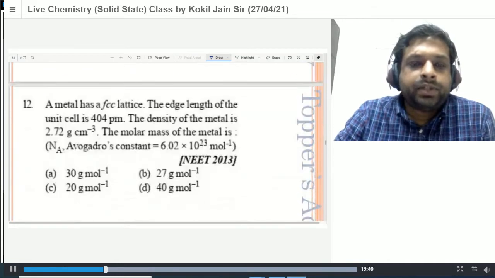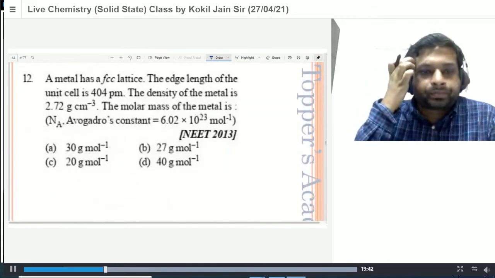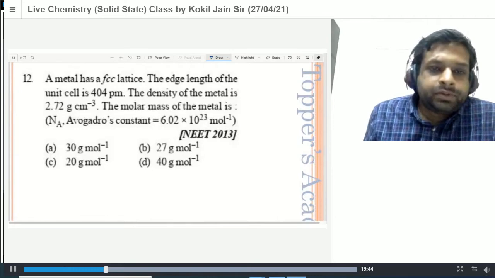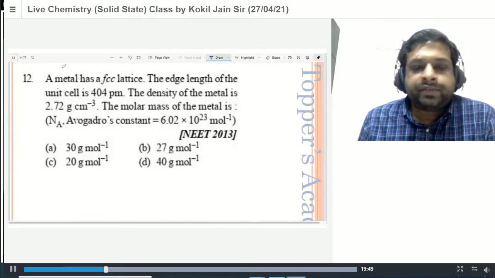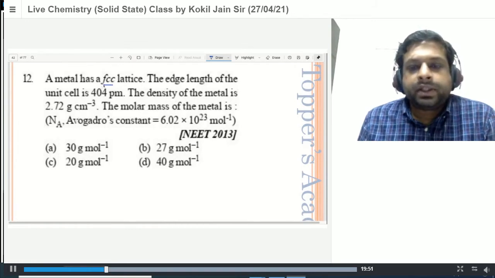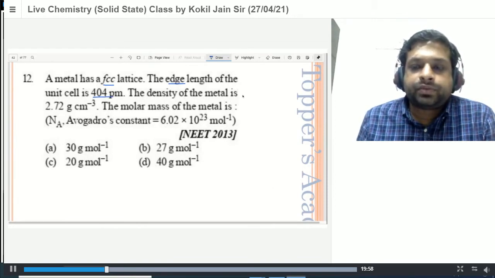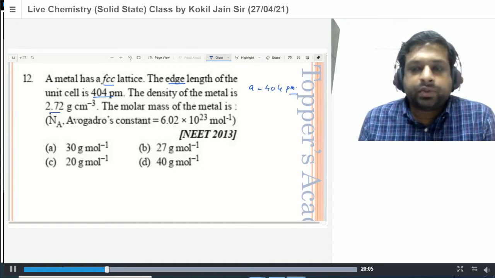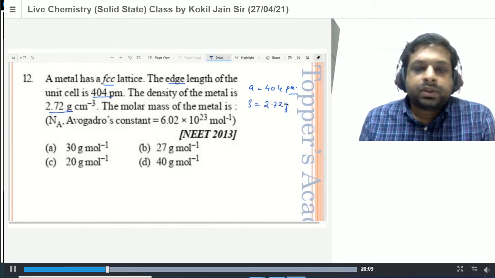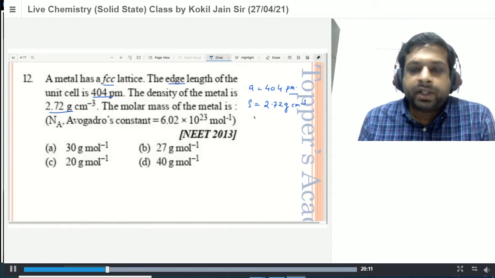Now try to solve this question on a face-centered cubic crystal. The metal has an FCC type of lattice, so we have the value of N as 4 here. We have also got the density of the metal, rho, given as 2.7 grams per centimeter cube, and the molar mass of the metal has been asked.